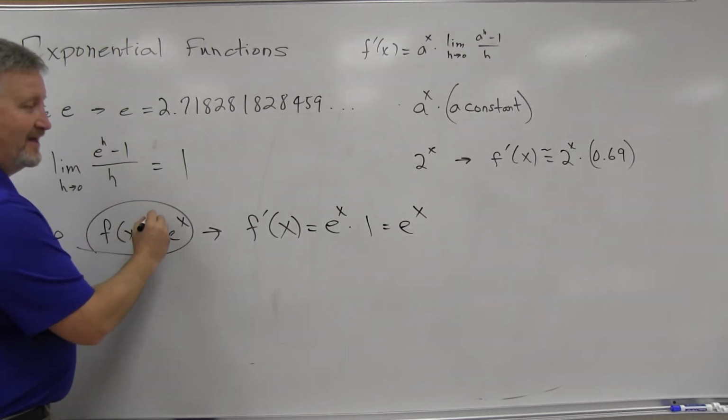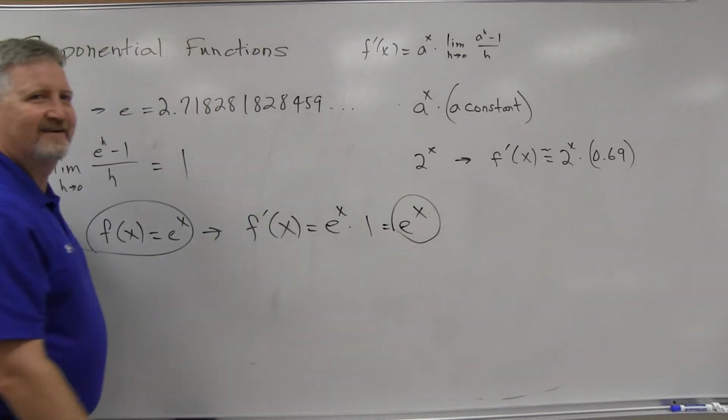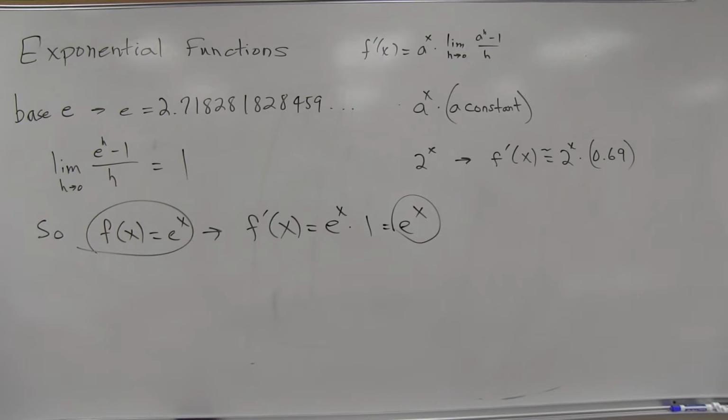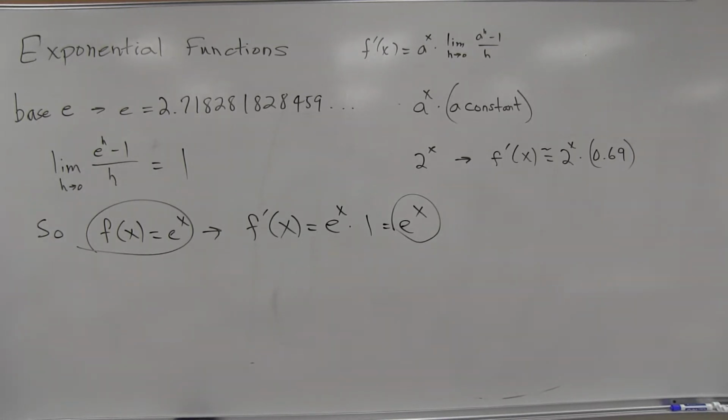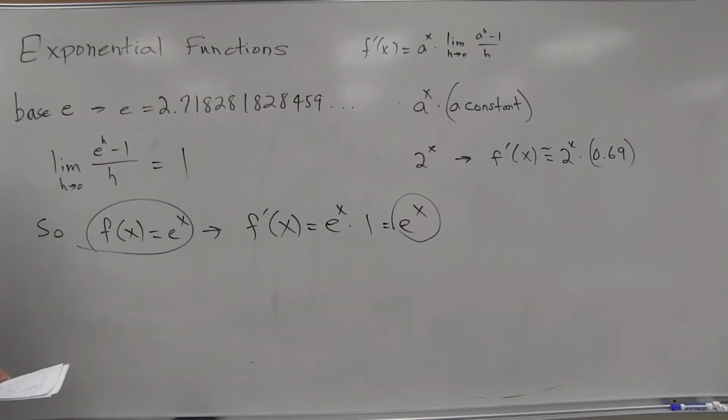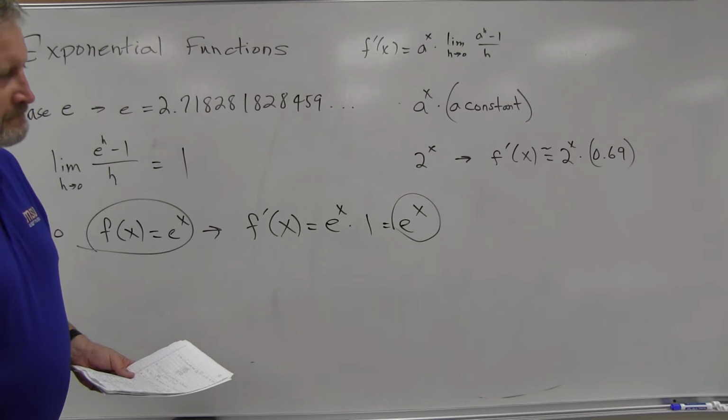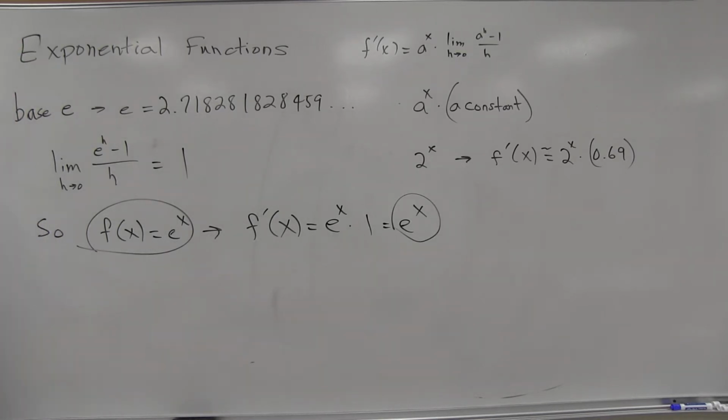So if f of x equals e to the x, the derivative is e to the x. e to the x is its own derivative. Pretty interesting little function, because what other function can you say that about? I don't think there's any. e to the x is its own derivative. So it's pretty nice.